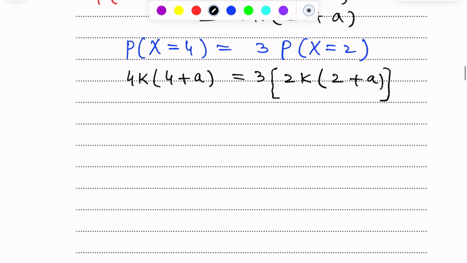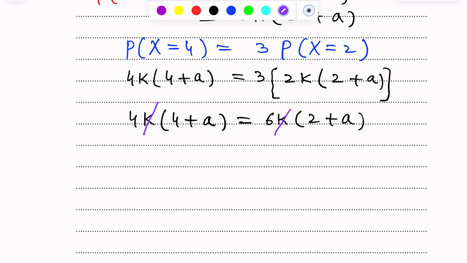Now we will simplify it. Left side is 4k into (4 plus a). Right side is 6k into (2 plus a).